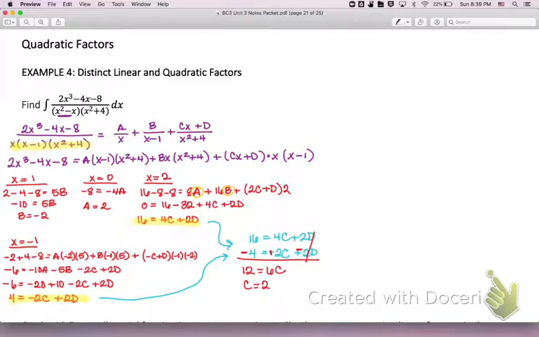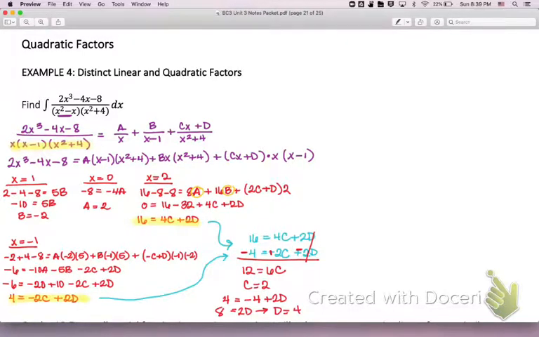And now if we plug in for c, I'm going to plug into that bottom one before I multiplied, I mean. So I get 4 equals -4 plus 2d, and that tells us that d is equal to 8. Nope, 2d is equal to 8, which means d is equal to 4.